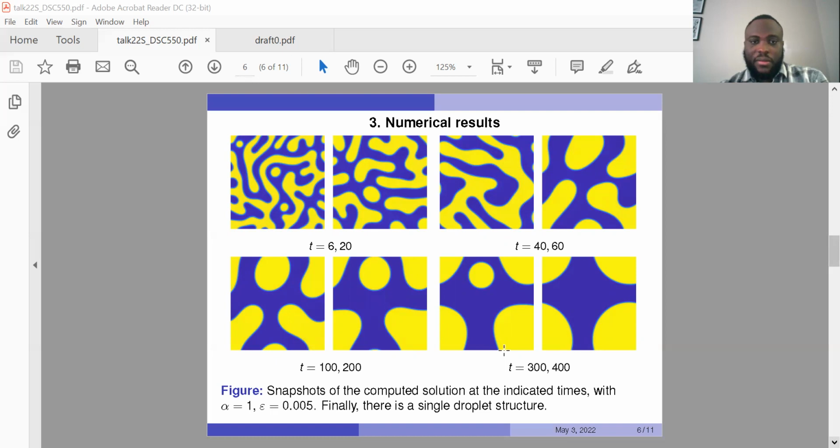We can see from the figure the snapshots of the computed solution at the indicated times. We have different time intervals here: when t is 100 and when t is 200, when t is 300 and 400, when t equals 6, and when t equals 20. We can see how all of these were forming at different time intervals.